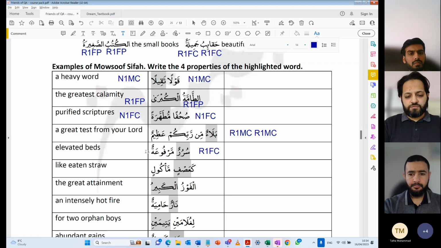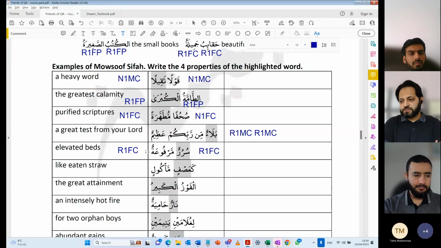Marfu'atun, Rafa, singular, feminine, common. I'm assuming that everyone is getting what I'm saying, right? If there are no questions, I'm assuming things are fine. Otherwise, please do stop me. Don't want to keep on going while you struggle.